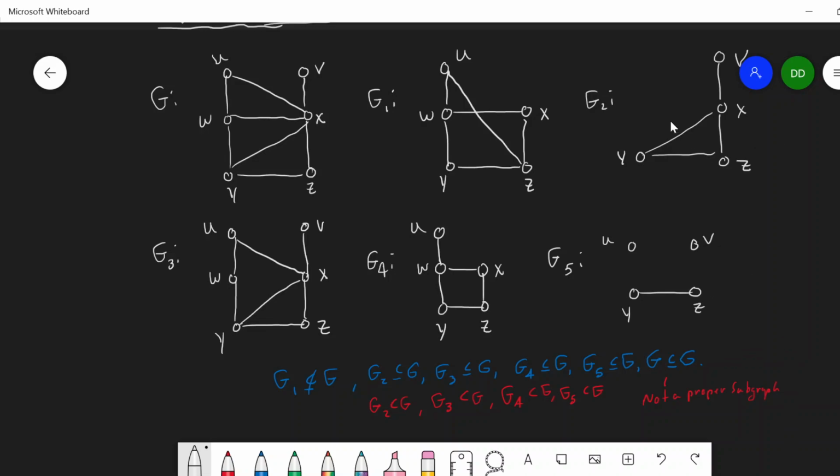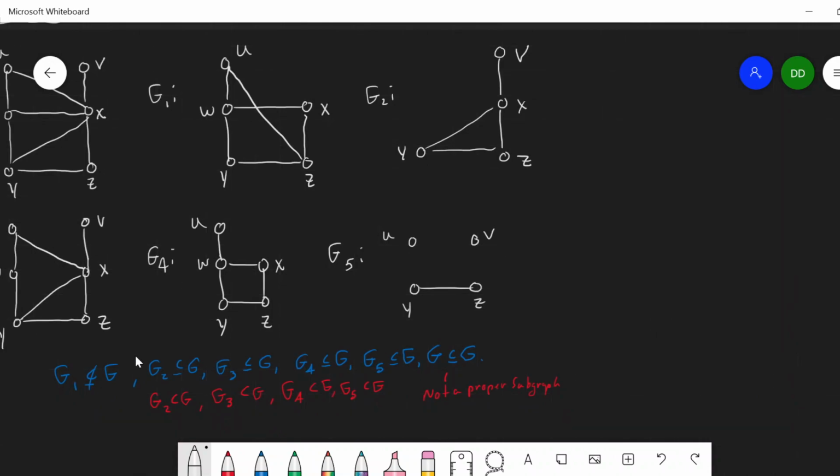So I'll point out G2 is an induced subgraph of G. In particular, I'll let the set S1 be this set of vertices, V, X, Y, and Z. And my claim, if I say G2 is an induced subgraph of G, is that G2 is induced by this set S1.